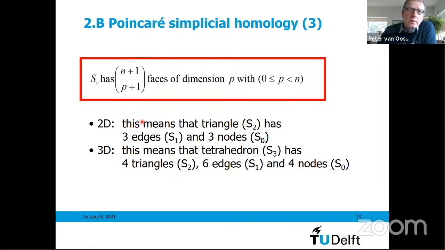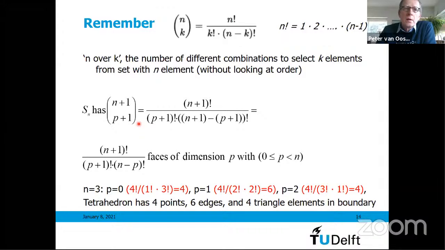When you compute, you will see that the 2D triangle has 3 edges and 3 nodes, and a 3D tetrahedron has 4 triangles, 6 edges, and 4 nodes. We already saw the 4 triangles, but together the 4 triangles use 6 edges and 4 nodes. This is the result of this notation.